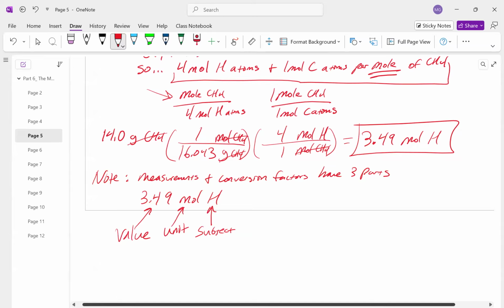So you need to indicate as part of your final answer, and I've been showing this on all the calculations we've done in the past, that you have a value, you have a unit, and then you have something to indicate what you're talking about. Copper? Are you talking about hydrogen? Are you talking about carbon? That needs to be included as well.